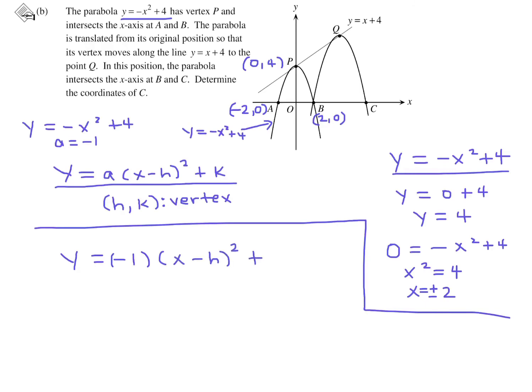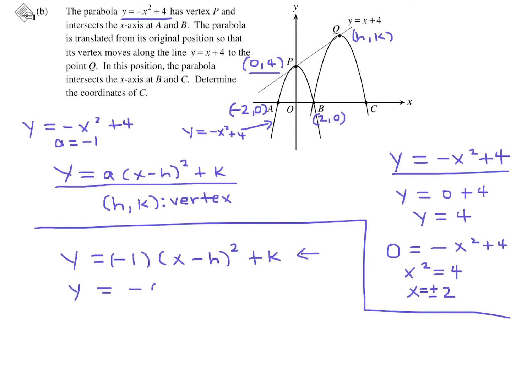We don't know the vertex yet, so I'm just putting h, k. All right? Now, when we had the parabola in its original position, the vertex was 0, 4, right there at P. But now I've translated it and I've put it in this form, and therefore our new vertex is h, k, like that. And that's basically point Q.